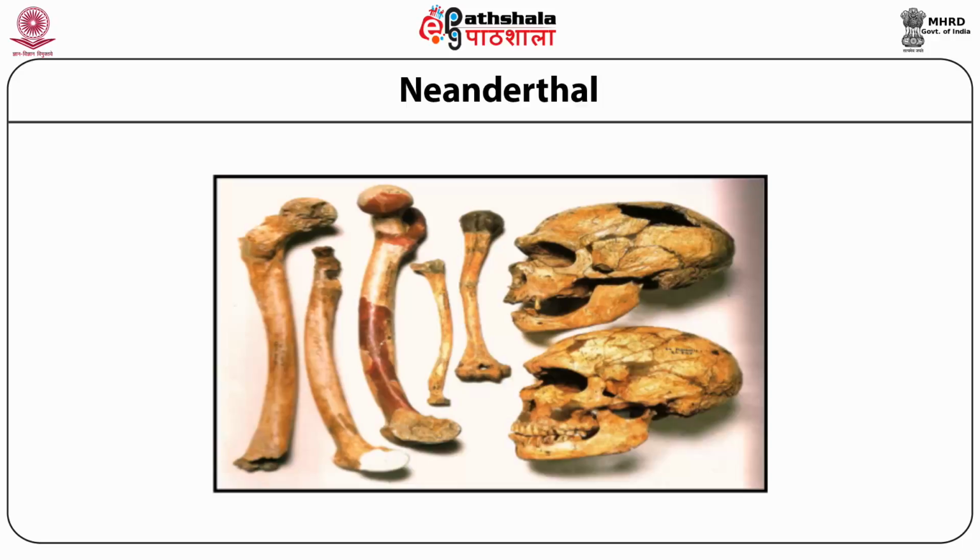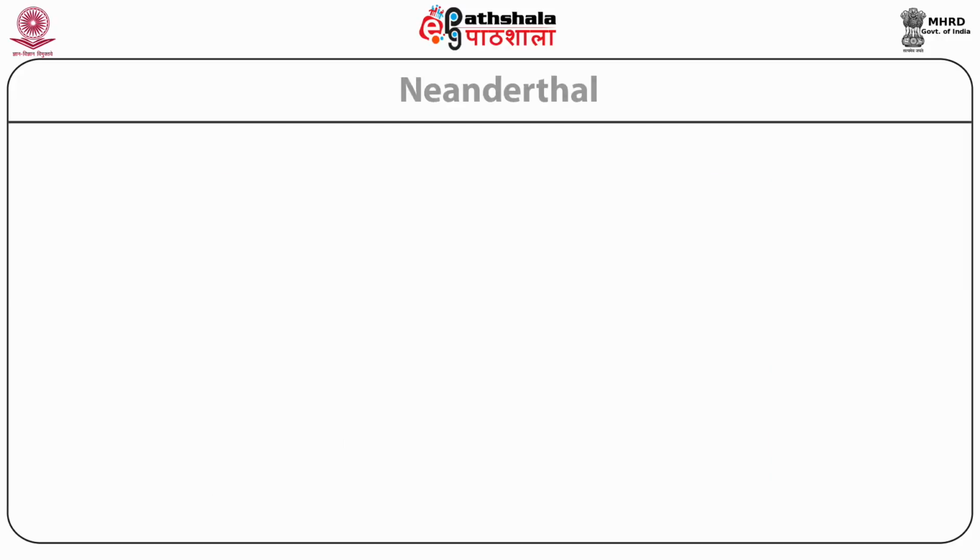Neanderthals lived during the late interglacial to late glaciation period. They were also referred to as the makers of Mousterian culture. Later it was named Homo sapiens neanderthalensis, as a subspecies of Homo sapiens.